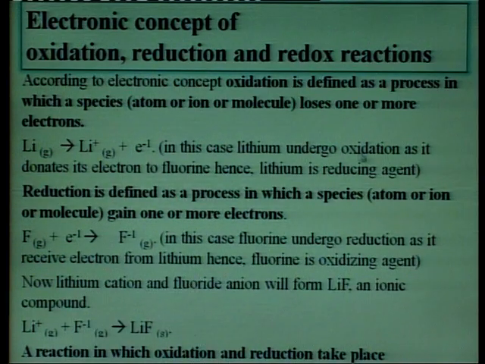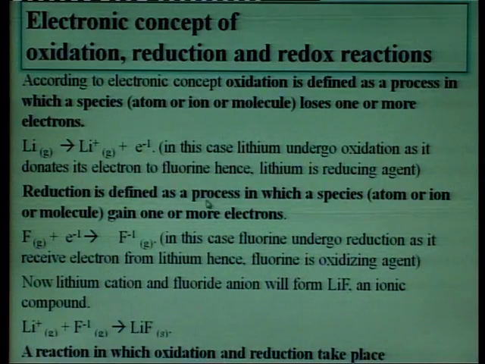In this case, lithium undergoes oxidation as it donates its electron to the fluorine atom when fluorine and lithium combine with each other. Hence, lithium is a reducing agent because it itself gets oxidized, whereas it reduces fluorine to fluoride. As a result, fluorine is called an oxidizing agent, whereas lithium is a reducing agent.